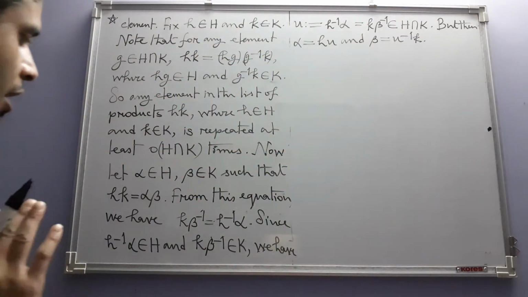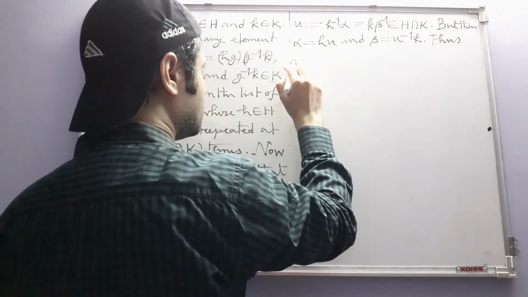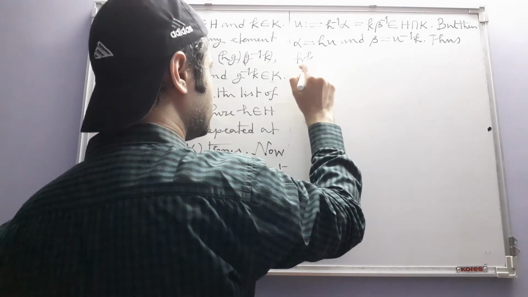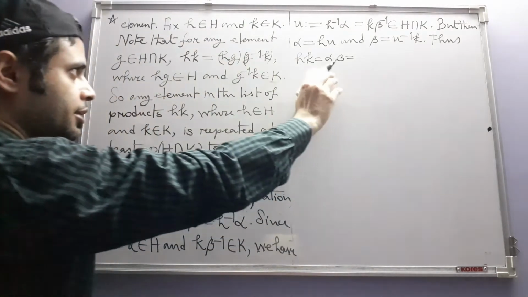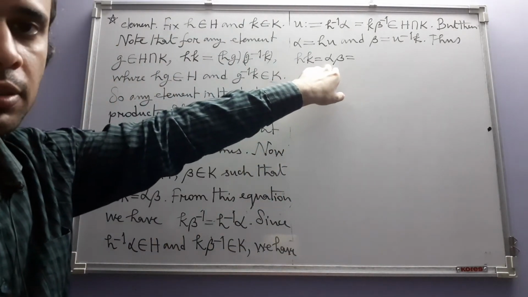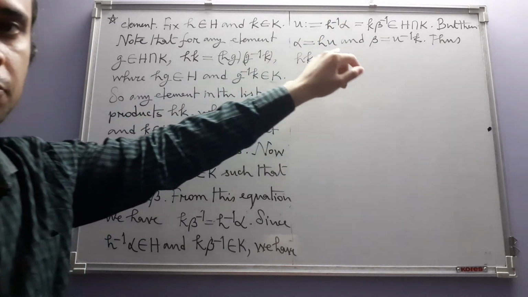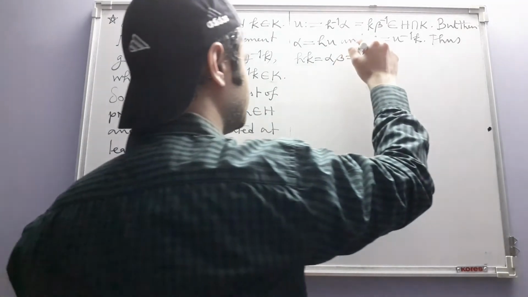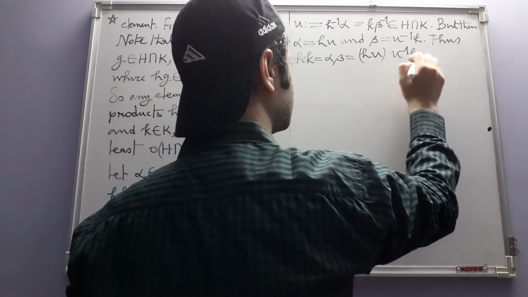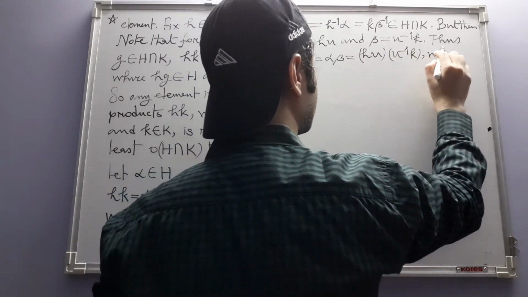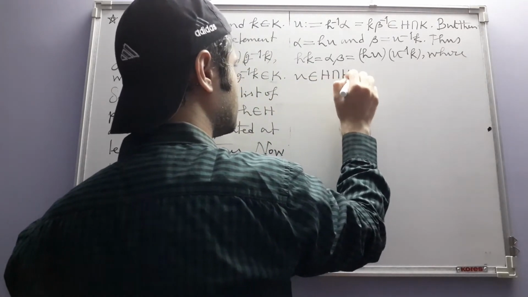So now you see what we have got. Thus hk equal to alpha beta is actually equal to this new duplication of that same element: an element of h times an element of k is actually of this form, hu times u inverse k, where u belongs to h intersection k.